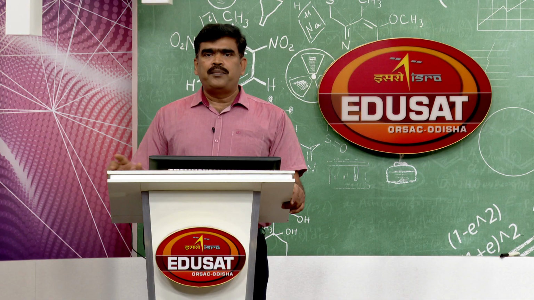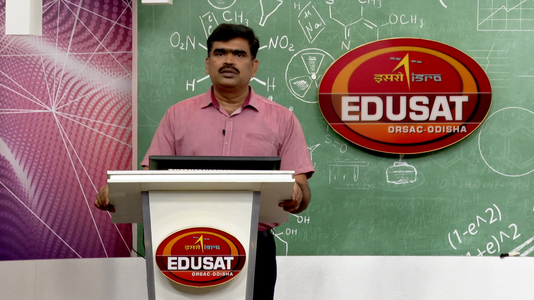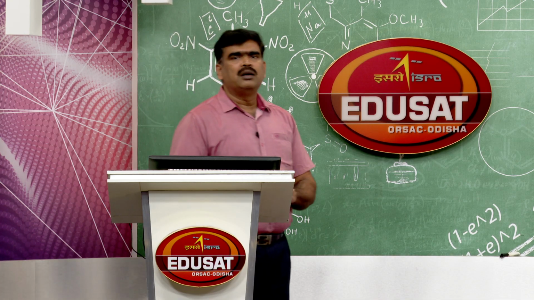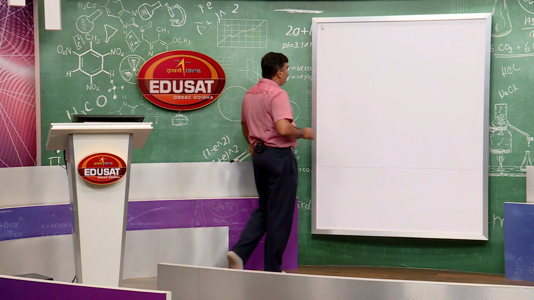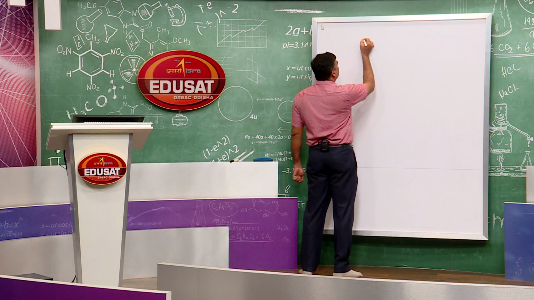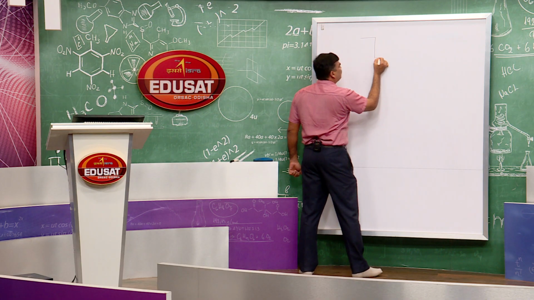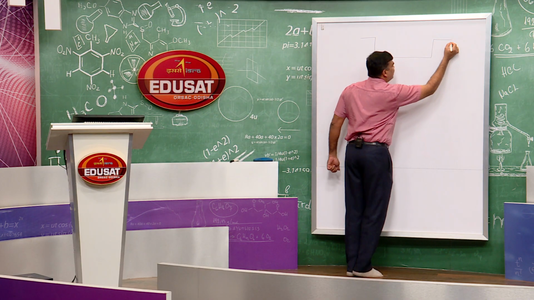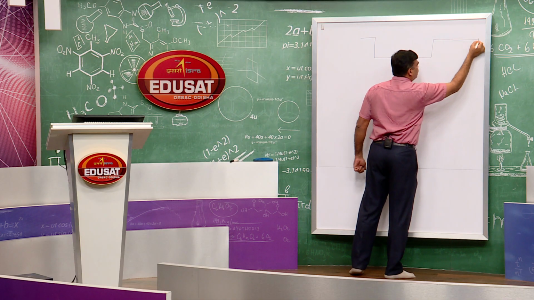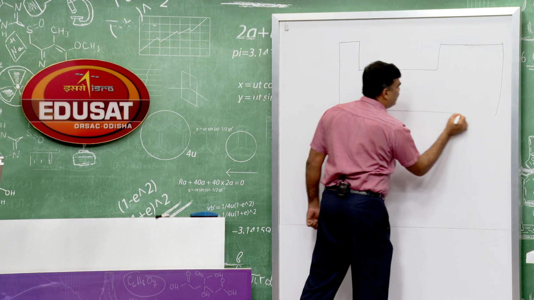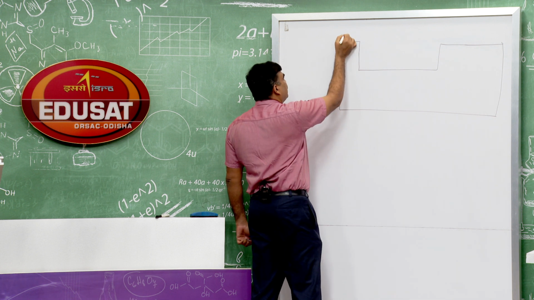Okay, so let us discuss the D block elements and their position in the periodic table. I am just making a block diagram of the periodic table. So this is your periodic table. You must have seen it. So this is your S block.